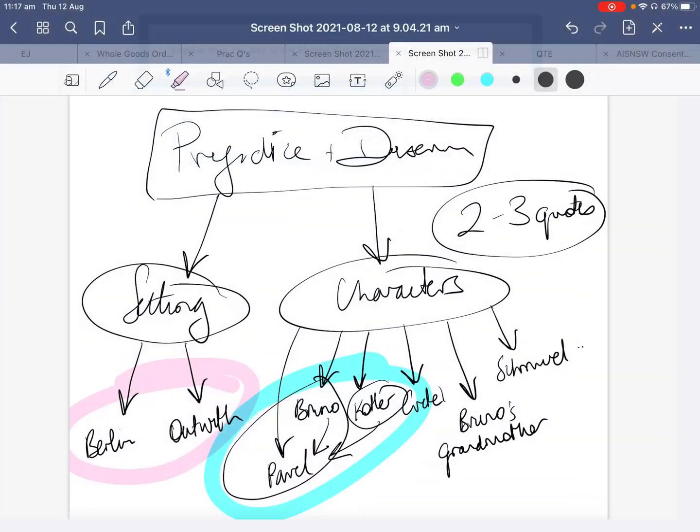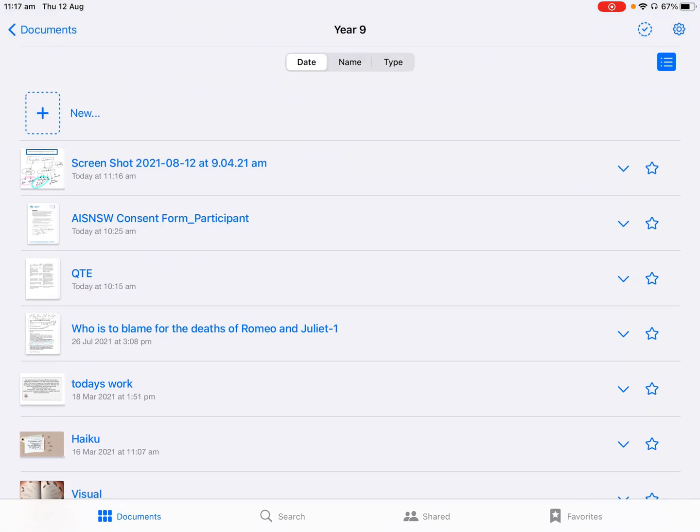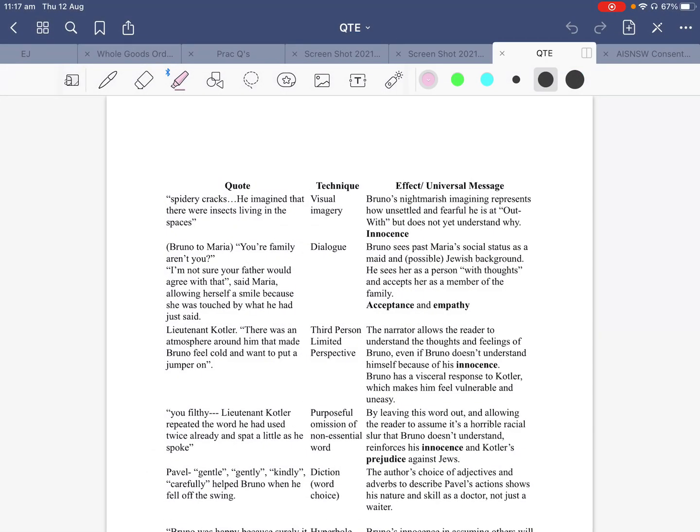So feel free to use the start of my sentence, but using your own analysis for the quotes that you've chosen, which we've already given you a couple here on this table. So you could choose some of these. For example, if you're doing the setting, the spider cracks, and then we've done ones for Berlin.